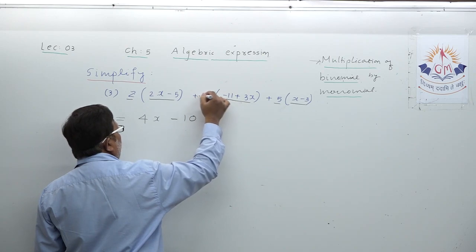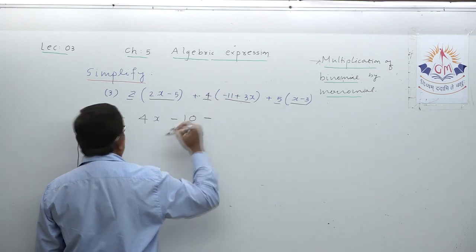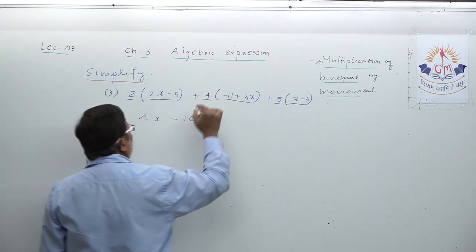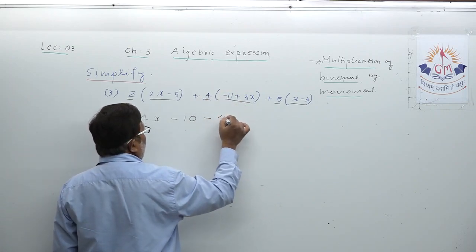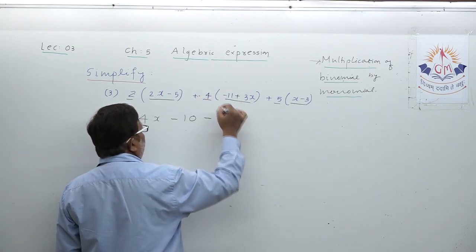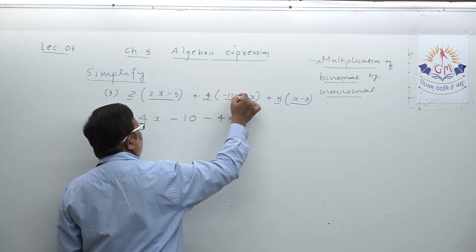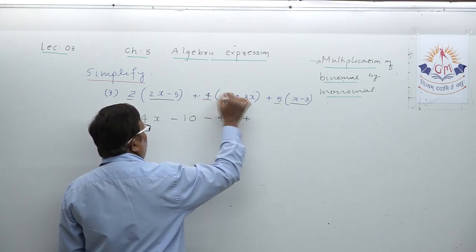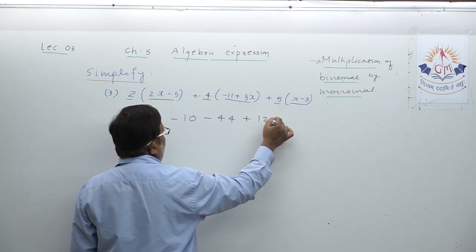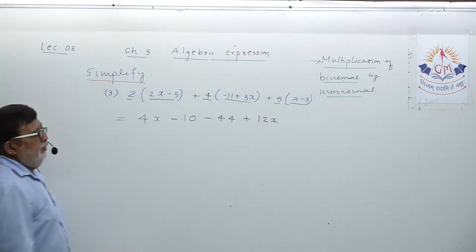Now here, plus minus minus 4 into 11, 44, plus plus plus 4 3 are 12x. Is it clear?